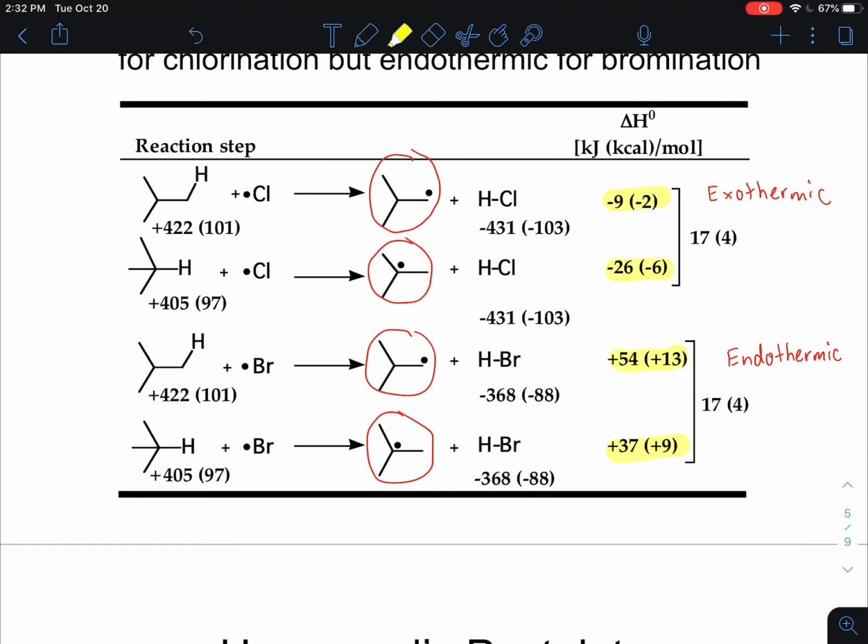And so what's different here really is whether I'm forming HBr or I'm forming HCl. The rest of it's the same, right, in terms of what we're observing, but because we have to think about the overall picture of this reaction, the result is the chlorine radical removing the hydrogen is an exothermic step regardless of where it occurs, and the bromine radical removing a hydrogen is endothermic regardless of where it occurs.